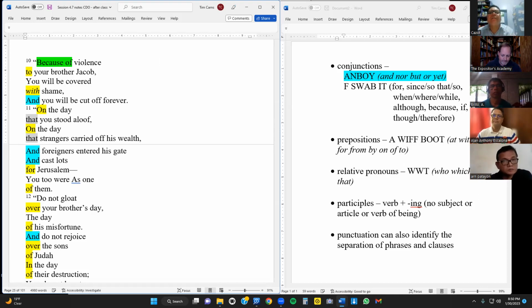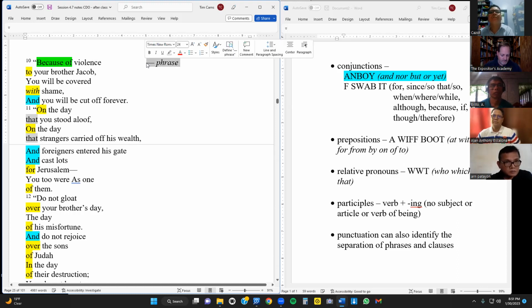A phrase. Okay. How do you know that? The word because of. Okay, because of, and remember a phrase does not have a subject and a verb. Yes, and there's no verb in this, so we know it's a phrase. All right, good.